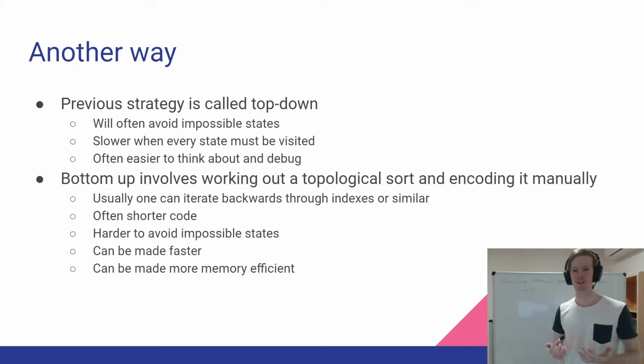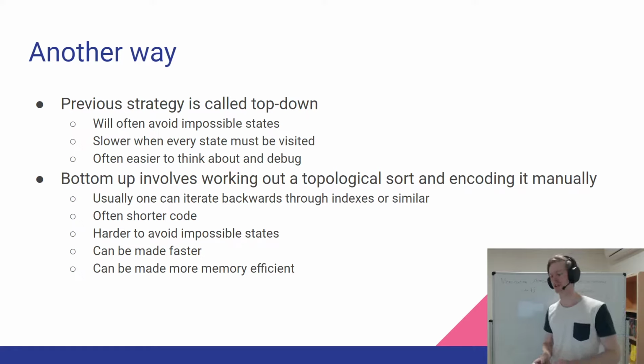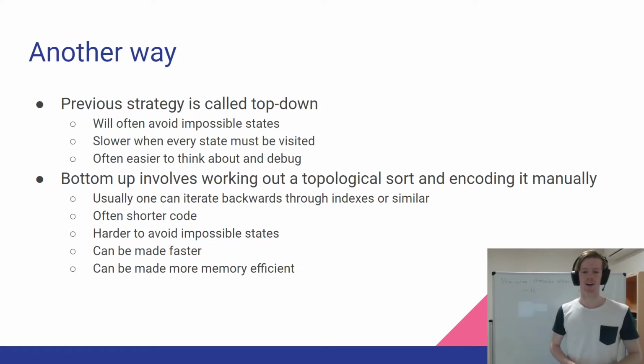Bottom-up DP is the exact same thing. However, instead of the topological sort being done by function calls, it's done manually by you before doing the DP.